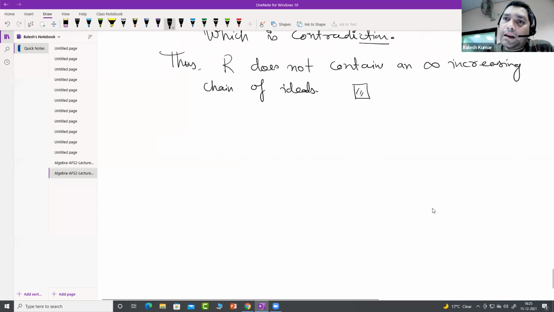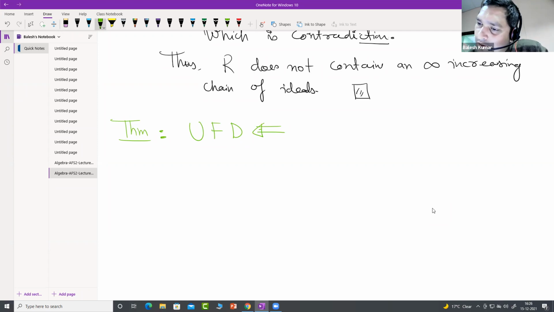Let me write another theorem: a PID implies a UFD.